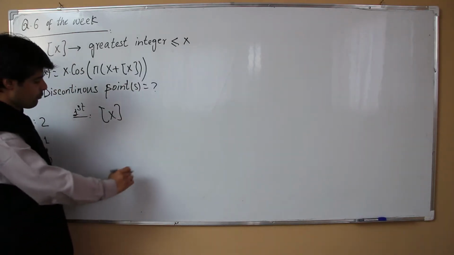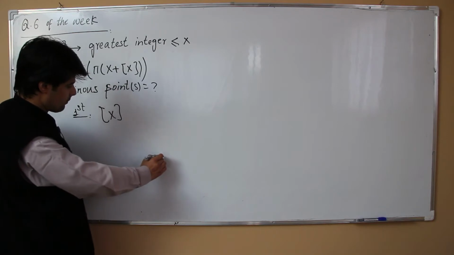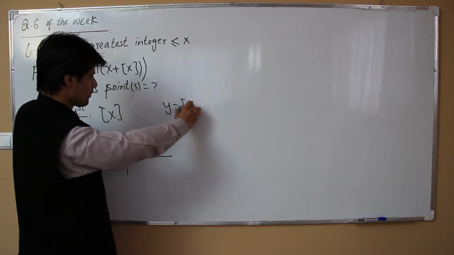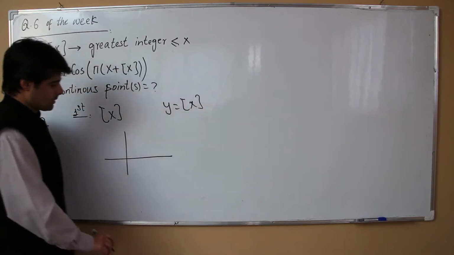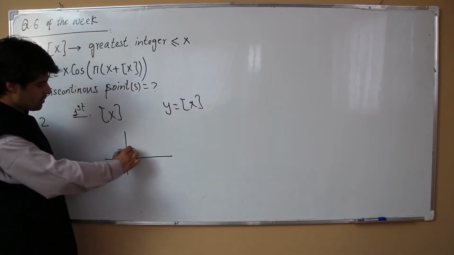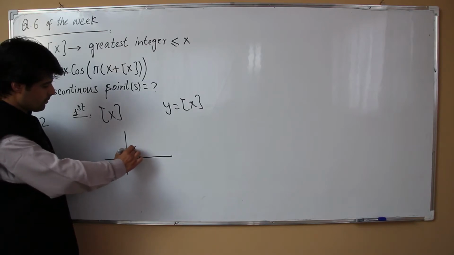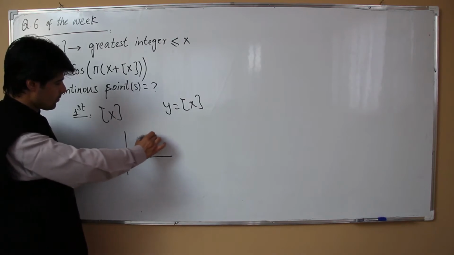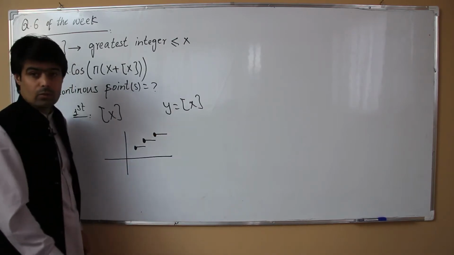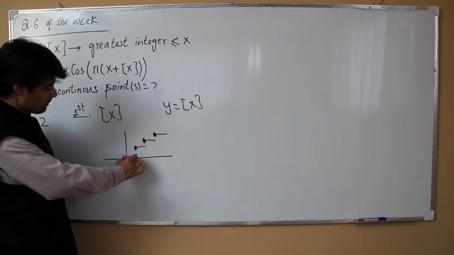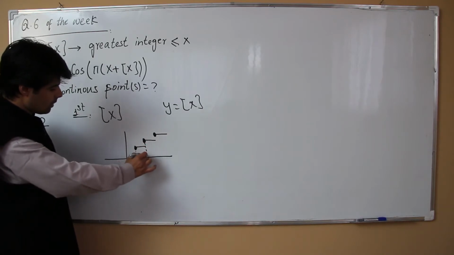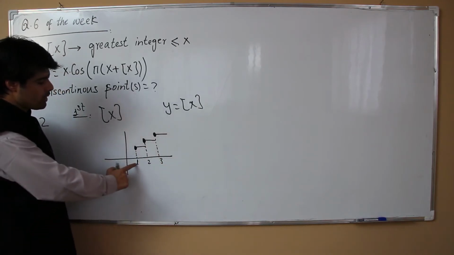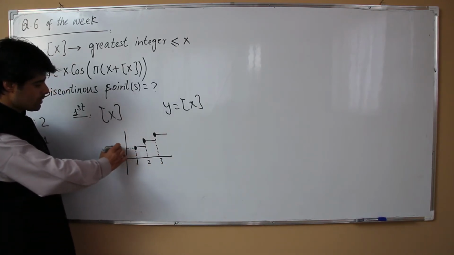For y equal to the integer function of x, suppose we have 1, 2, 3 on the axis. If x is 1, the answer is 1.